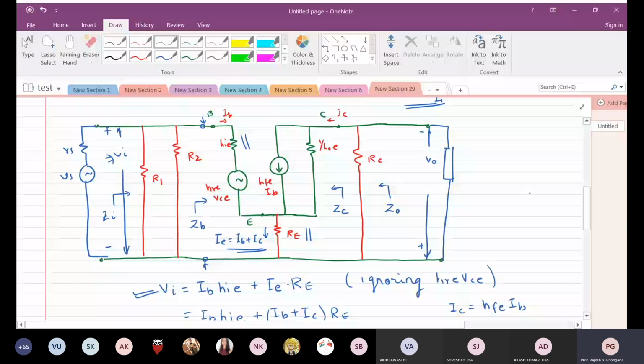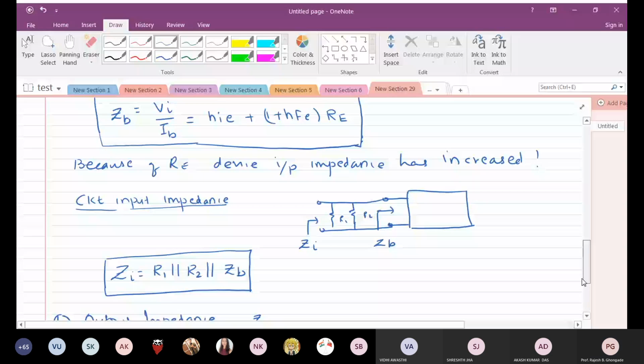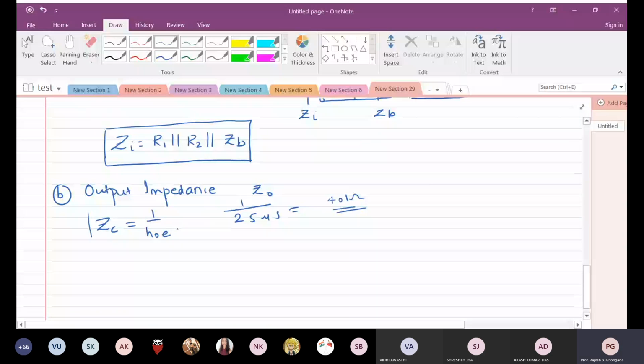So 1 to 2 kilo ohms in series with a huge value of 40 kilo ohms. So I can say that this is nearly 40 kilo ohms. So in both the cases, ZC is going to be 1 by HOE. What about ZO?